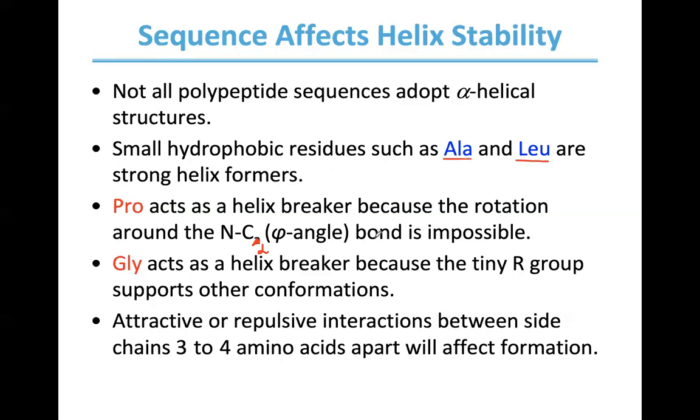But there's another reason also. I just told you the key to the stability of the alpha helix is these hydrogen bonds. So now if I draw the structure of proline in the protein backbone, there's one amide bond, there's another amide bond.